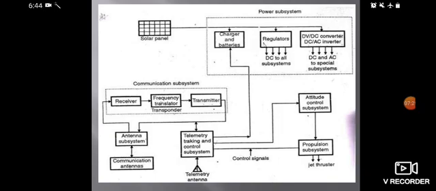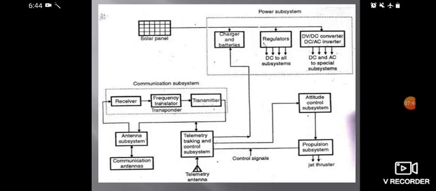The next one is the altitude control subsystem, and the next one is the antenna subsystem, and we have the propulsion subsystem also. So these are the main blocks in our communication satellite.